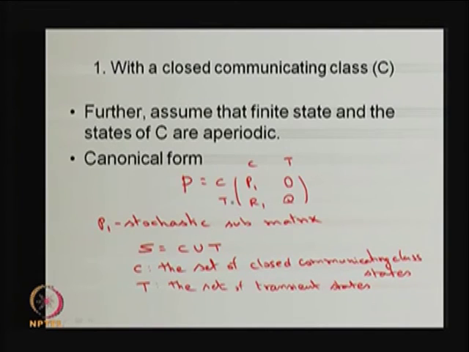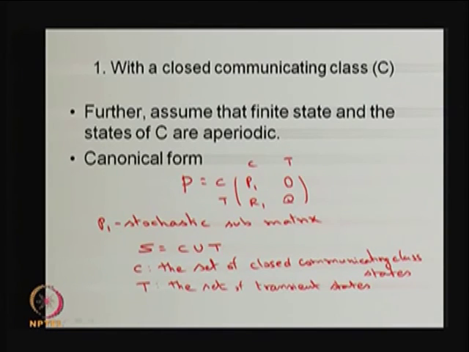The remaining elements are T, which you reorder in the other remaining rows. Therefore, T to C will have some non-zero elements, that is the R1 submatrix. And similarly, T to T, there are possibilities, therefore the probabilities may be greater than or equal to 0. That matrix is the Q matrix.